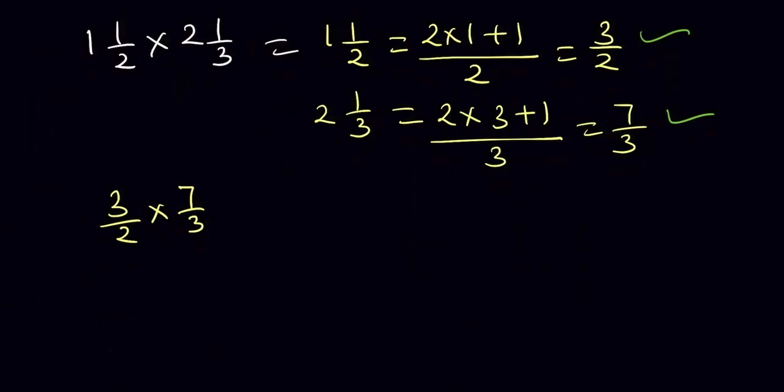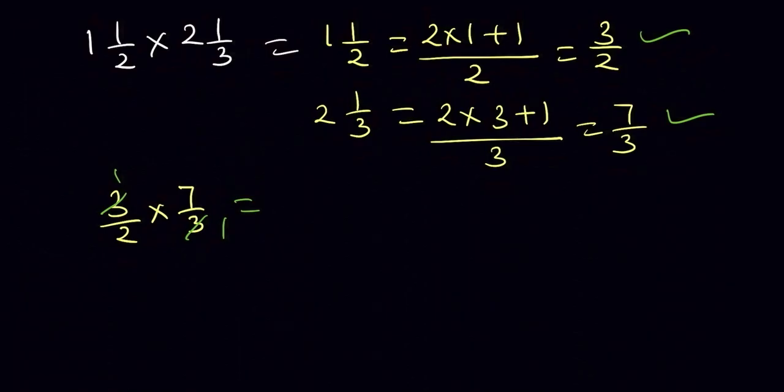First, we reduce to the lowest form, or we can do it later. Here both 3s are divisible by 3, so we can cut the numbers, 1 and 1.